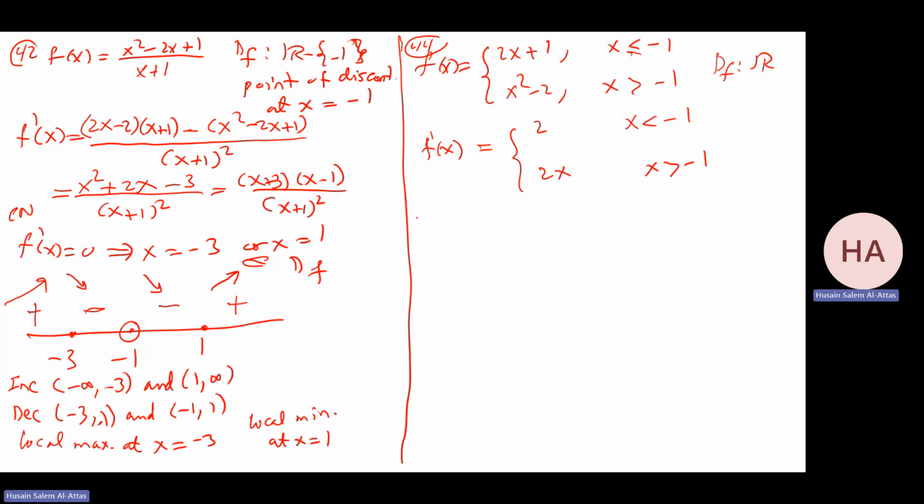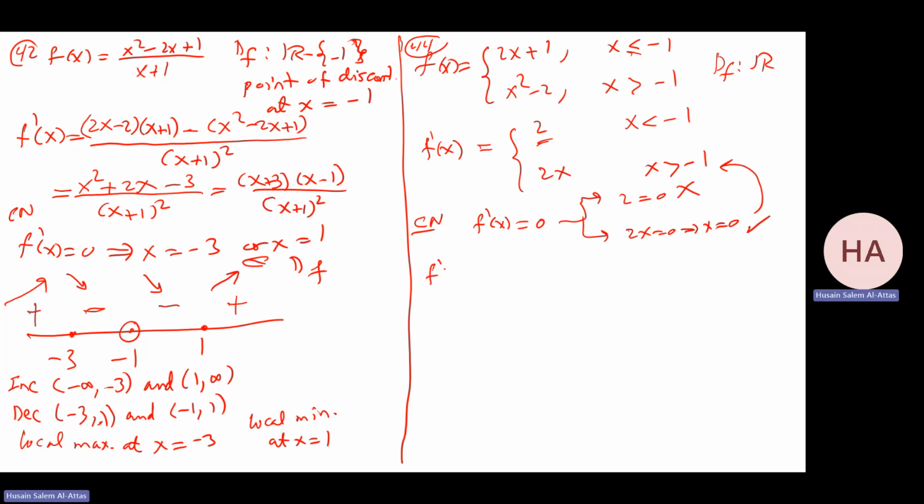Now we'll check critical numbers. f prime equals 0. From here, I have two things. 2 equals 0, which is wrong. 2x equals 0, so x equals 0, which is part of this domain. So this is okay.